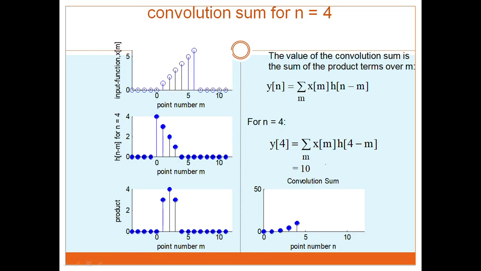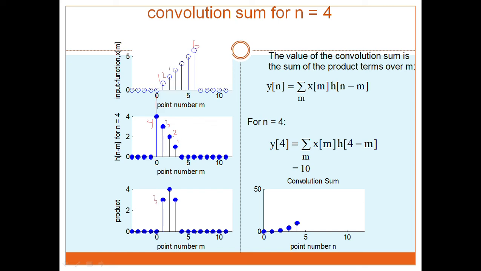The next one is also the same. When you have already rotated and shifted this one, you multiply with this one, 0, and then 1, 2, 3, 4, and this one is 1, 2, 3, 4, 5, 6. So you multiply 3, 4 with 0, 0, 3 with 1 is 3.